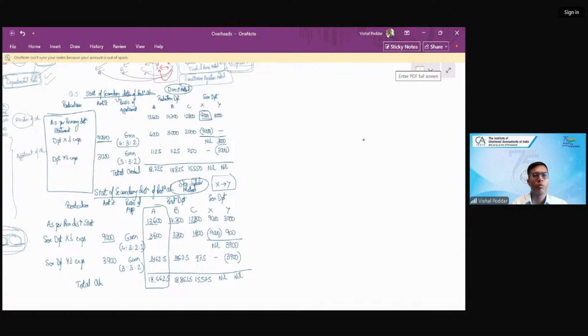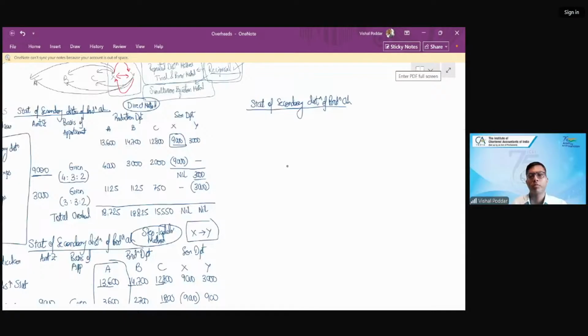Now we'll be solving by the third category, that is reciprocal. Within reciprocal, we have two methods. So we'll solve by both the methods. I'm again preparing the same table.